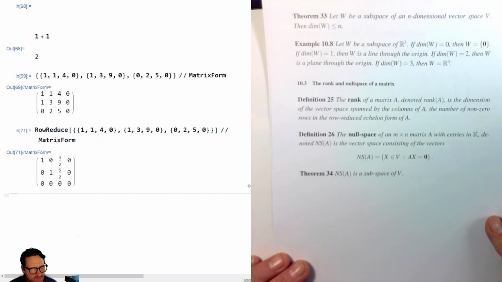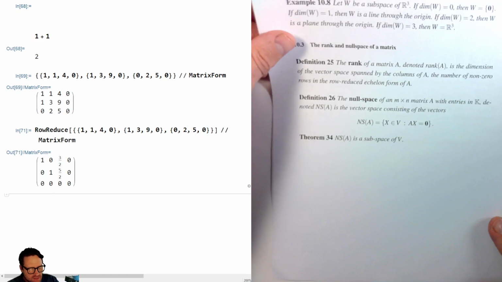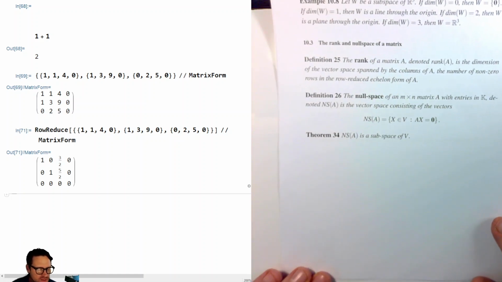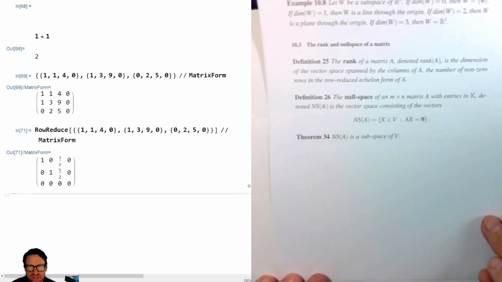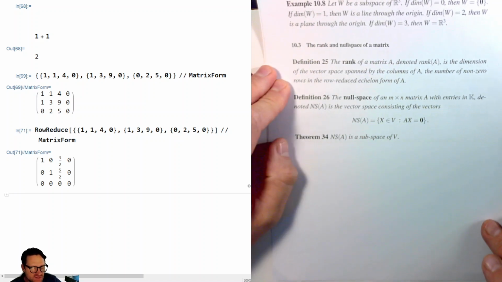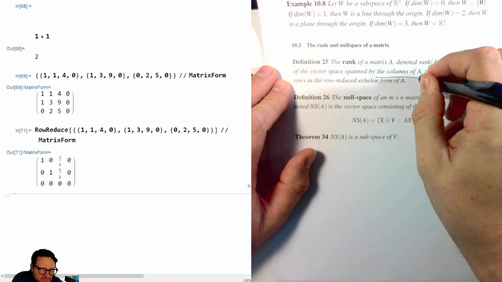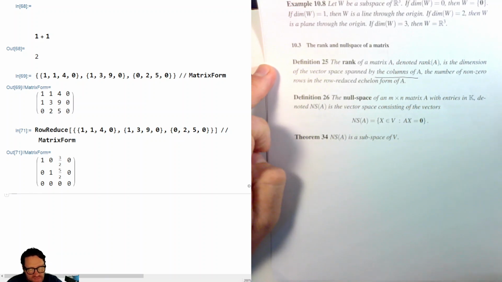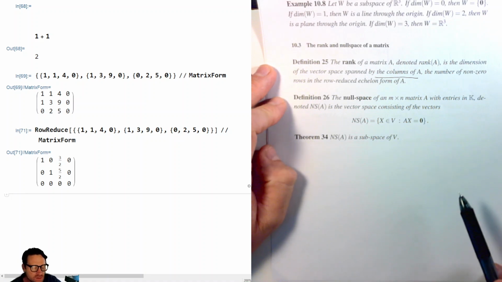Okay, definitions, rank and null space. We've been talking about null space, but let's say a little bit more. The rank of a matrix A, denoted rank of A, is the dimension of the vector space spanned by the columns of A. Okay, so the set of all linear combinations of the columns, or the number of vectors formed by the linear combination of the columns.